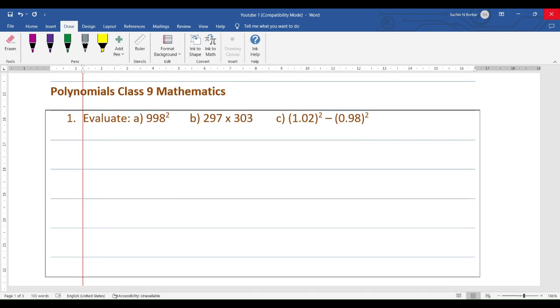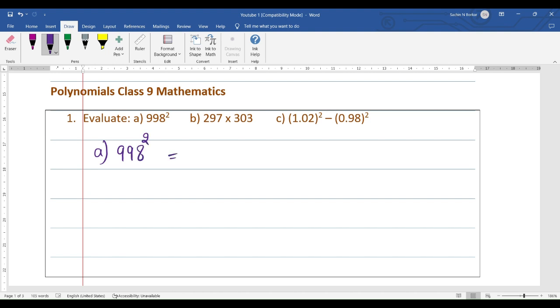Evaluate 998 square using the polynomial rule. So we can write 998 square as we are solving.